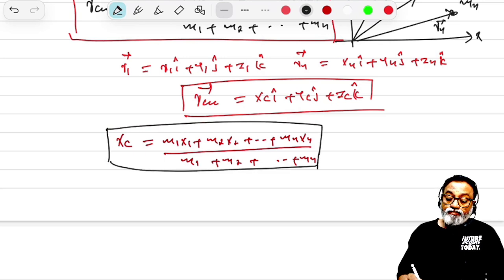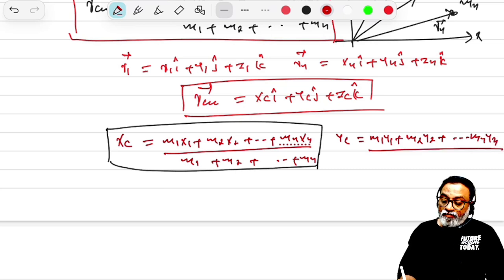Like that, YC is equal to M1 Y1 plus M2 Y2 so on Mn Yn by M1 plus M2 so on Mn.